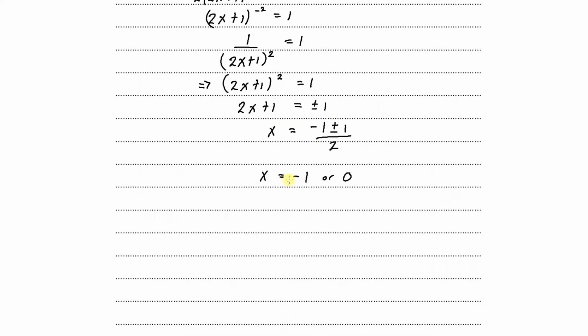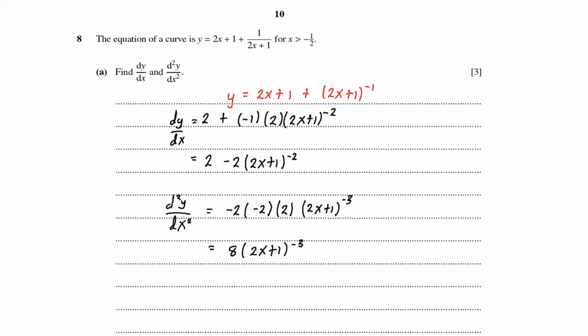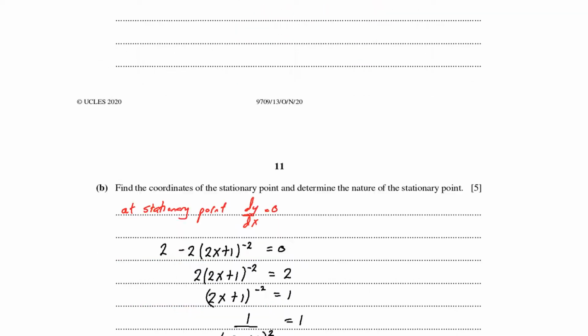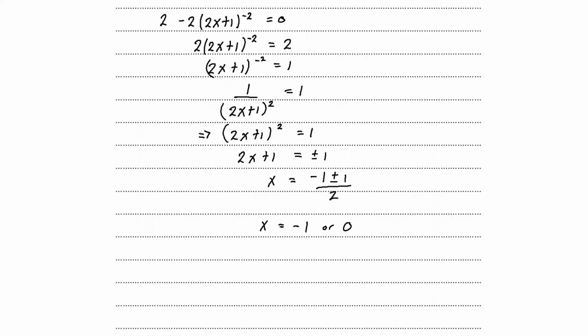Since we have two x values, x is minus 1 and x is 0, from the question we had been told that x should be greater than minus a half. So the value of x that is greater than minus a half is 0. We take x to be 0. And if x is equal to 0, what is y?